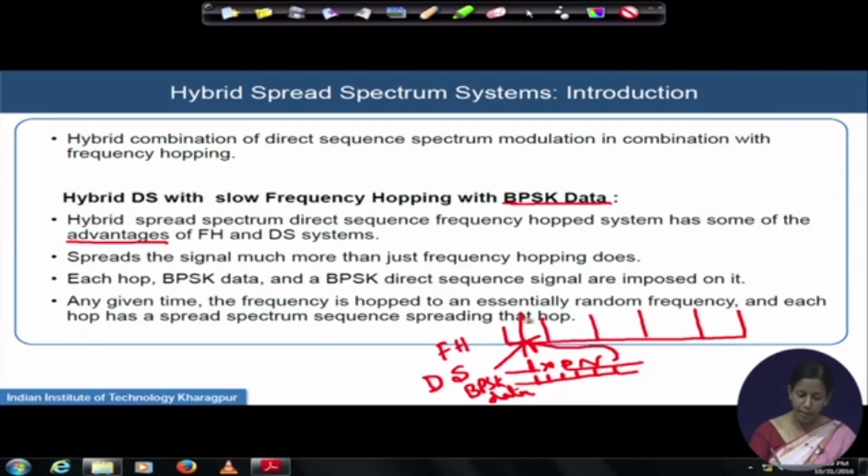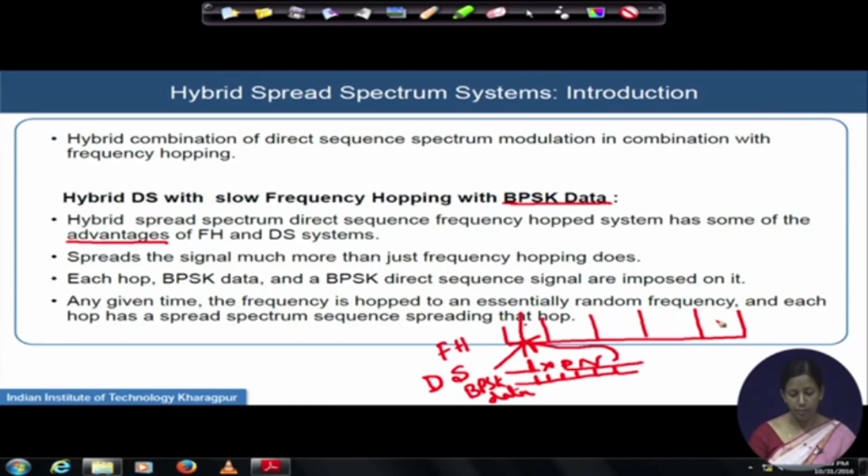So, each and every data symbol in every hop will be spread by the PN sequence. I can also change the sequence so that the spreading varies over different hops, but that will be very complicated. Usually for each and every hop we try to keep the PN sequence constant, and later on you can change the sequence after several such symbols.